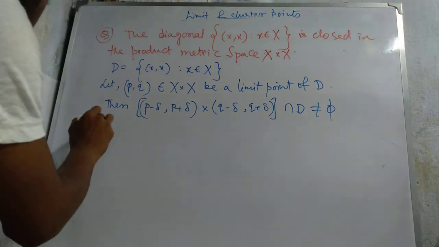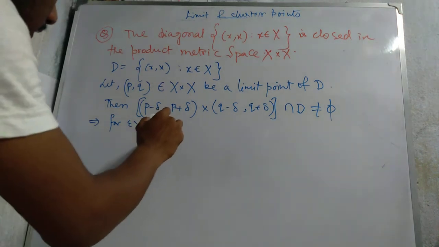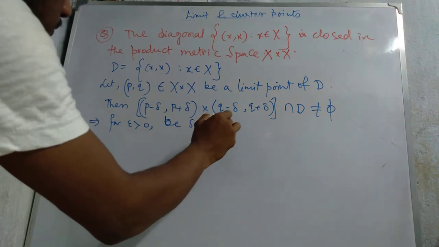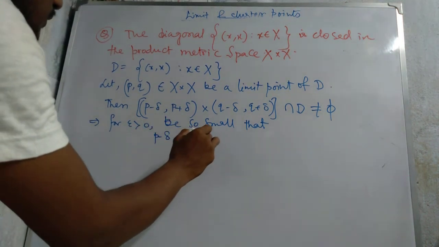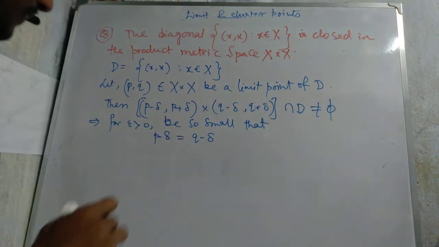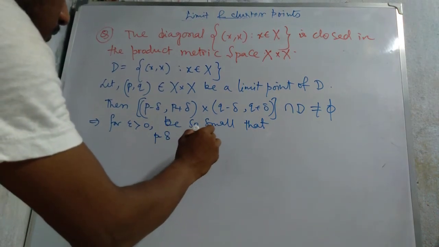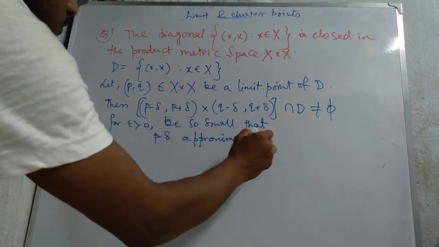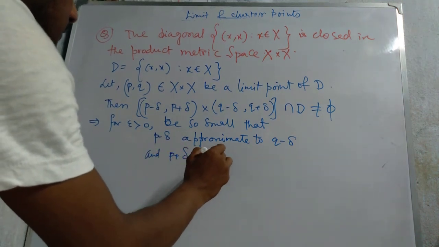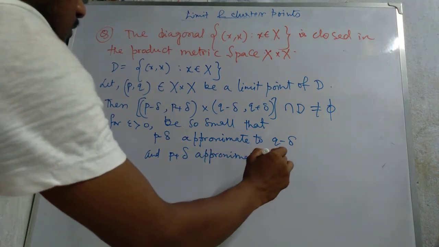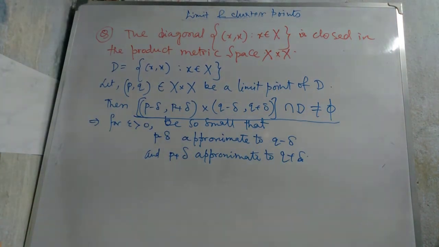This implies that for epsilon greater than 0, P is so small that P minus delta is approximately Q minus delta and P plus delta is approximately Q plus delta, then this is possible, otherwise this cannot be possible.